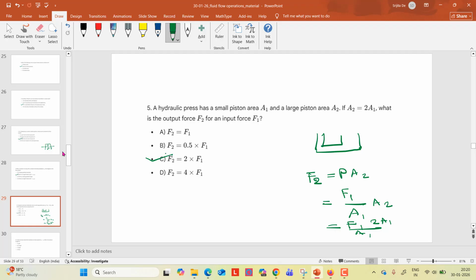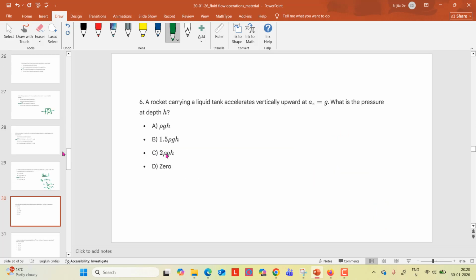Next, a rocket carrying a liquid tank accelerates vertically upward at a_z equals g. What is the pressure at depth h?